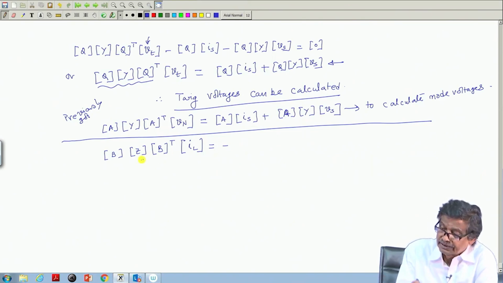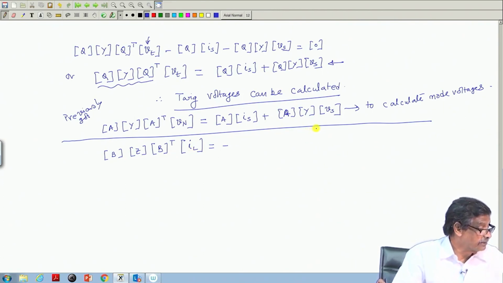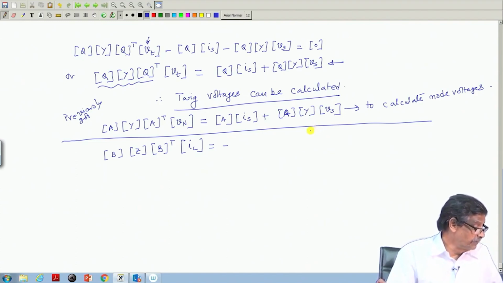Anyway, I will just check that this is equal to, but here you see it is Z into I, voltage. So, voltage will remain like this. For example, I copied it somewhere.